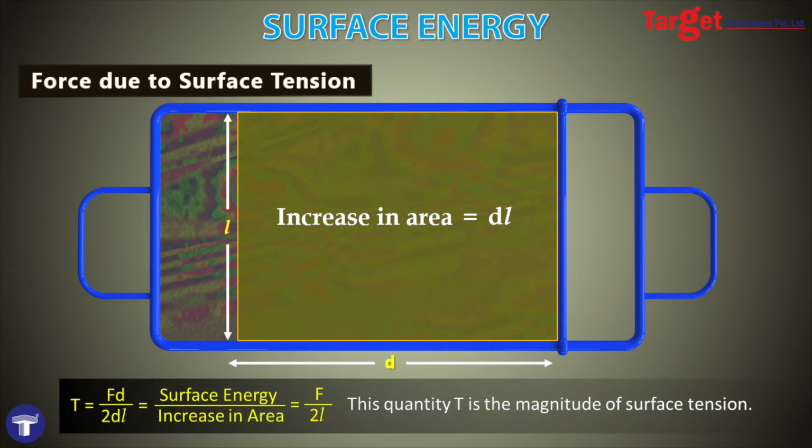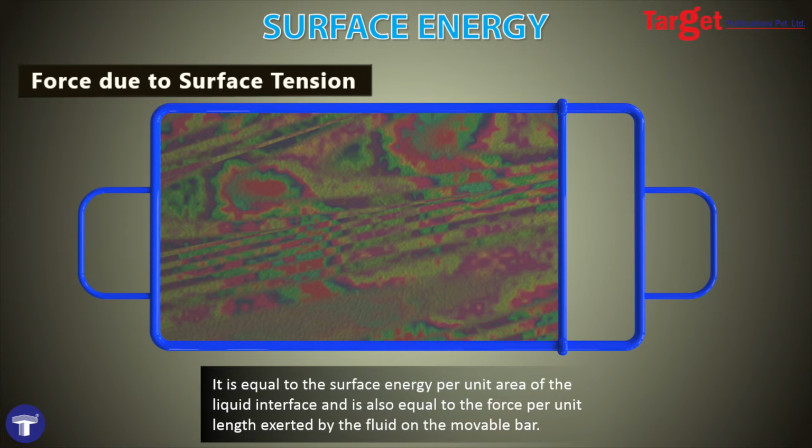From this we see that T comes out to be Fd by 2dL. However, this is also equal to F by 2L, which is nothing but the definition of surface tension. Thus, the quantity T, which is the magnitude of surface tension, is also the surface energy per unit area. So we say that the magnitude of surface tension is equal to the surface energy per unit area of the liquid interface and is also equal to the force per unit length exerted by the fluid on the movable bar.